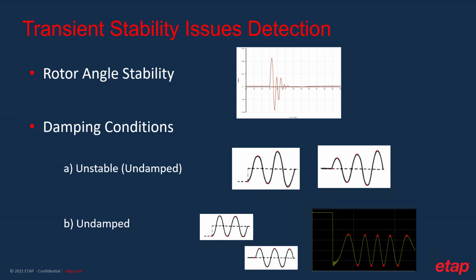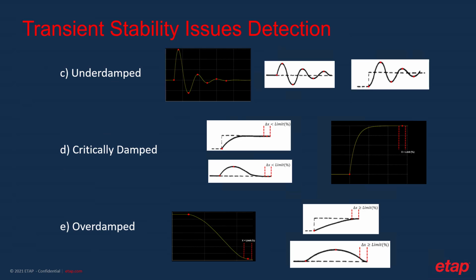Some of the different damping conditions are shown on the slide. The first one, not necessarily one that we would like to experience in power systems, represents an unstable behavior, which is undamped, followed by another undamped signal, which, even though it's not unstable, is not a desired response when it comes to transient stability analysis, since, as we mentioned before, we're mainly focused on the capability of the system to return to a stable operating point, which is basically what we see on the first item of the next slide, categorized as underdamped.